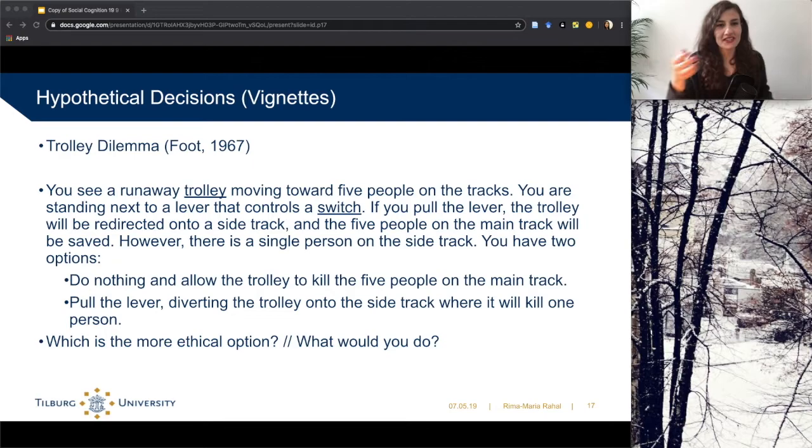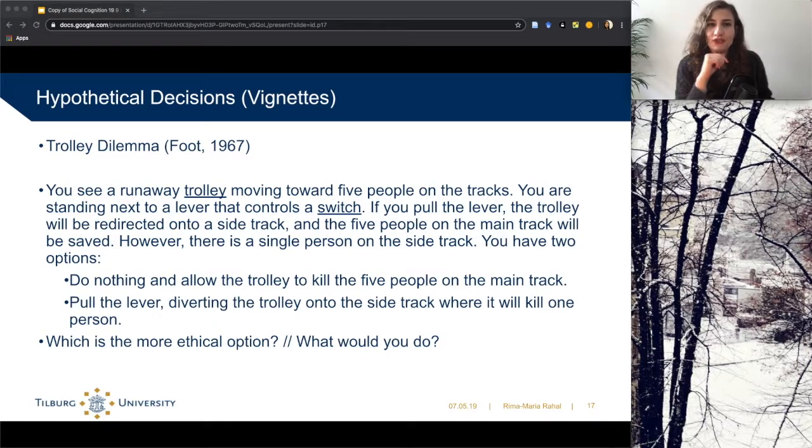So here's an example, and this is a really classical one. The trolley dilemma. It goes like this. You see a runaway trolley moving towards 5 people on the tracks. You are standing next to a lever that controls a switch. If you pull the lever, the trolley will be redirected onto a side track, and the 5 people on the main track will be saved. However, there's a single person on the side track, and now you have 2 options.